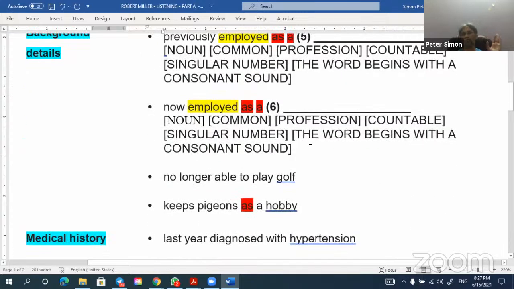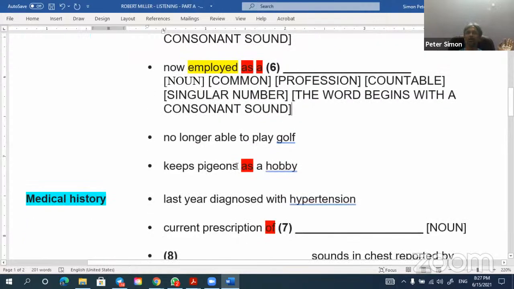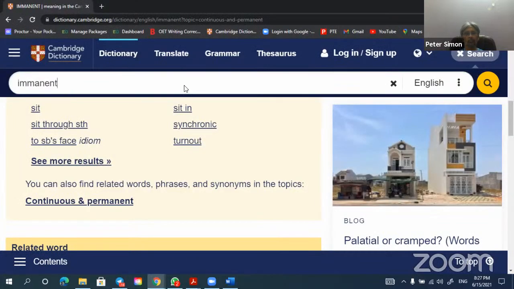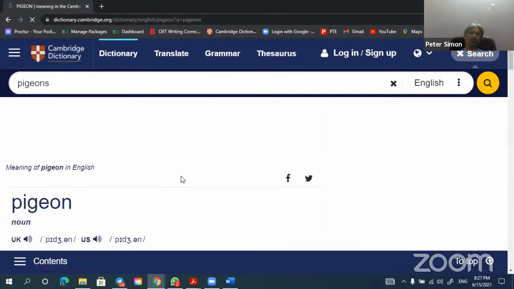No longer able to play golf. Gives pigeons. Many people say pigeons. Is this really pigeons? So how do we have to pronounce this?